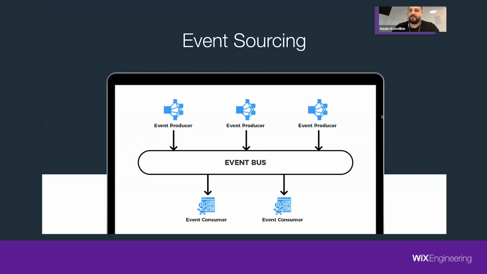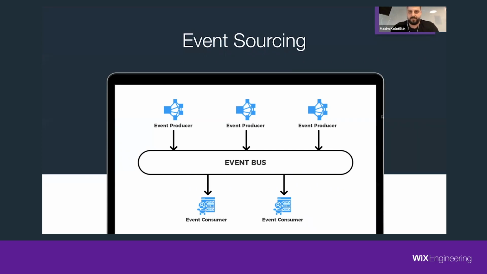Event sourcing is the other design pattern that we used in our implementation. The main idea of this pattern is that business logic in the app works based on events. This design pattern is used a lot in microservices architecture. Maybe you have heard of Kafka or something like that, where separate services communicate with each other using events. Some services, called producers, create events and send them to some event bus.